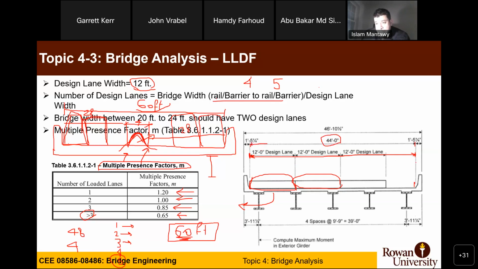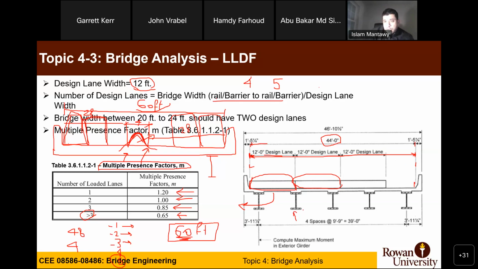It's from exterior barrier edge to exterior barrier edge. If you don't have any permanent barrier, just take this distance, divide over the design lane width, and you will get your number of design lanes. And you have to load them one lane, two lanes, three lanes loaded, four, etc., to get into the live load distribution factor that we discussed earlier. We're going to discuss it actually after a few minutes.